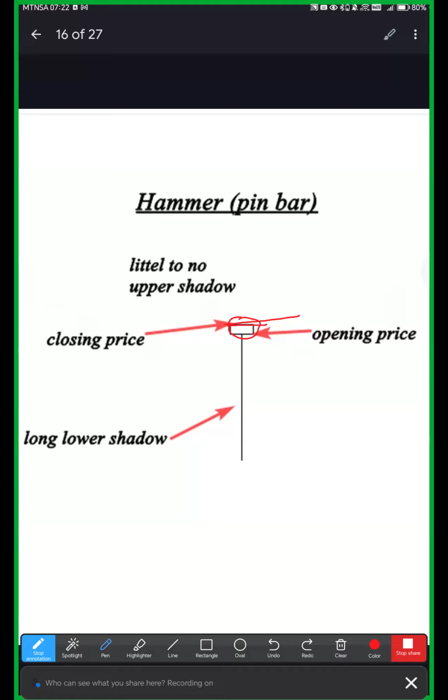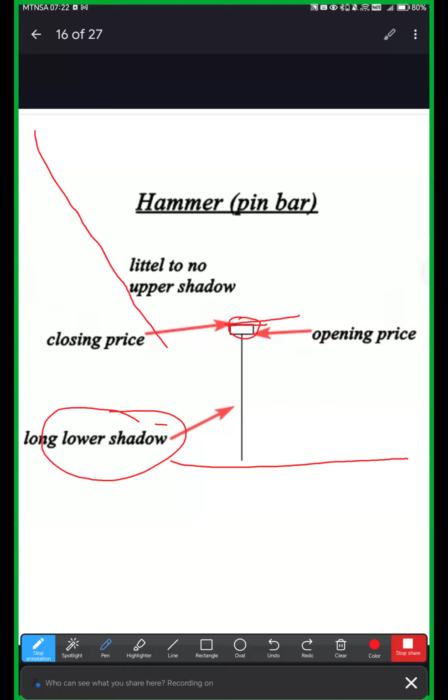One other characteristic is the presence of a long lower shadow. This indicates a bullish rejection from buyers. Buyers are rejecting what? They are rejecting price. Imagine price moving downward, downward, downward.